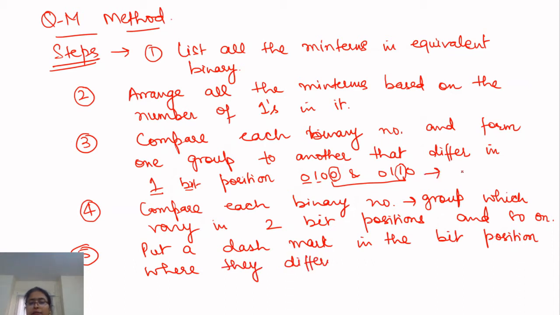In this example it will come like this, 0 1 dash 0, because for 0 1 0 0 and 0 1 1 0 the first, second and last bits are the same in both numbers, the third one is different, so put a dash where they differ. We have to put a dash in those bit positions also. Like this we have to apply this process until all the binary numbers are covered.